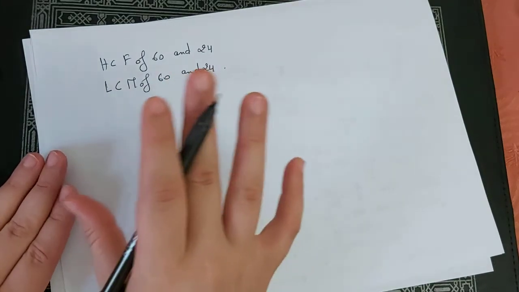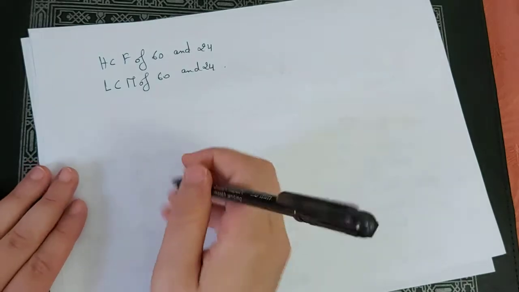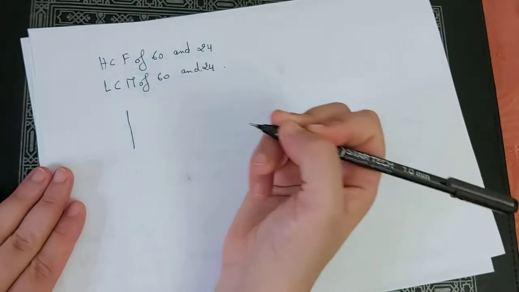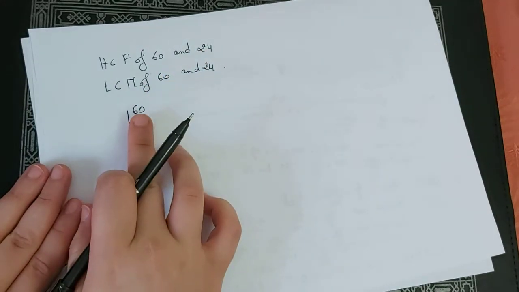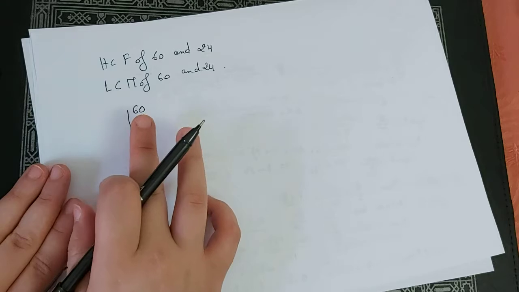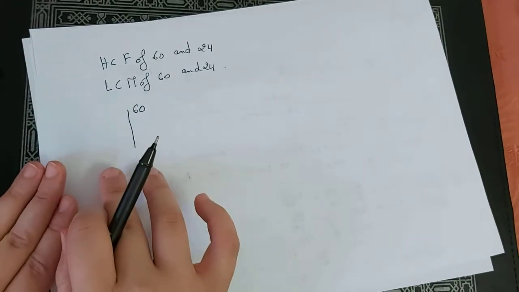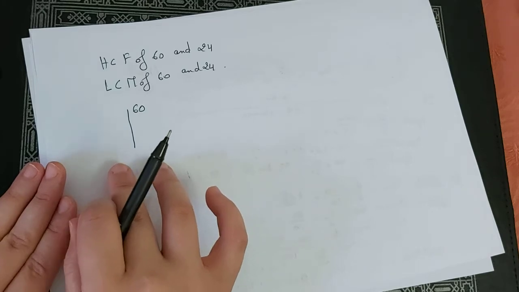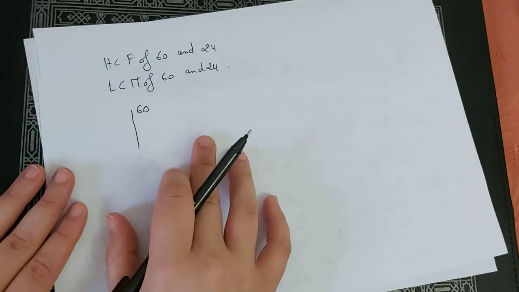First, I advise you to do the prime factorization using the tree factorization. The tree factorization means you keep dividing the number by prime factors till the remainder is equal to 0, till you get the last factor of this division.